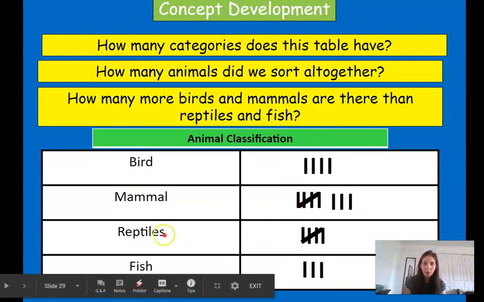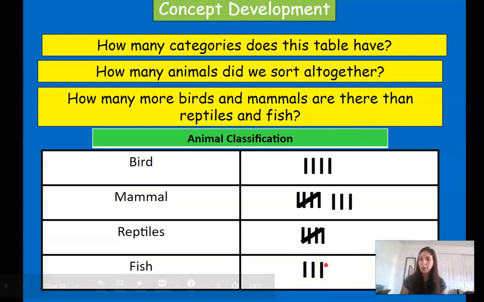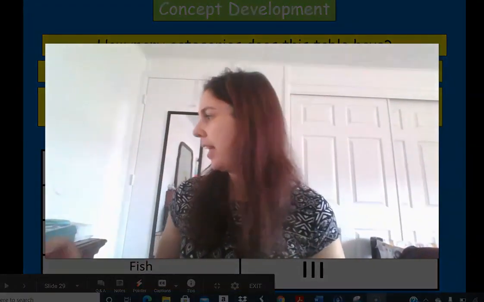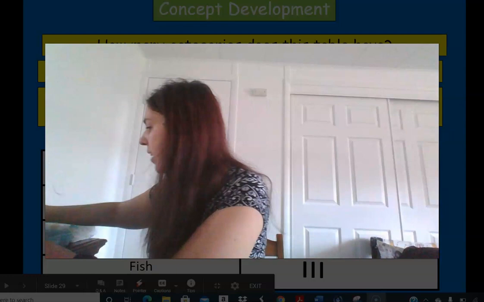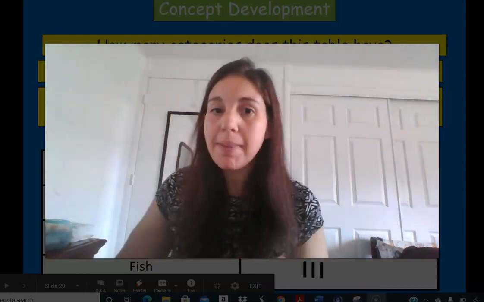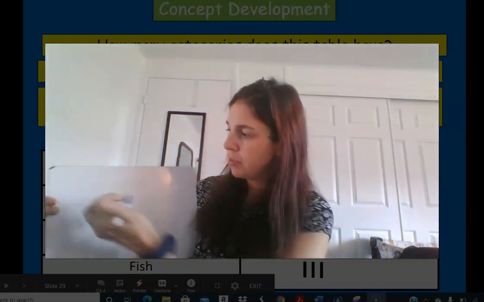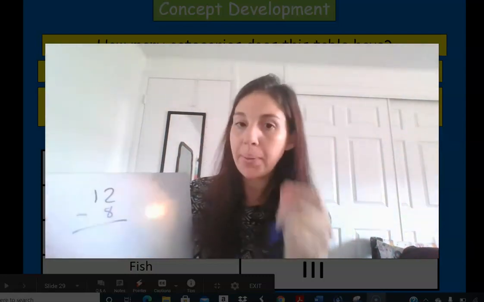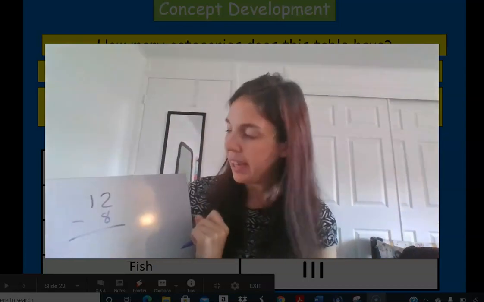And now how many reptiles and fish? Add those together. We have 5 and 3, so we have 8. So we have 12 and we have 8. So what we have to do is subtract 12 minus 8 to see how many more birds and mammals we have.